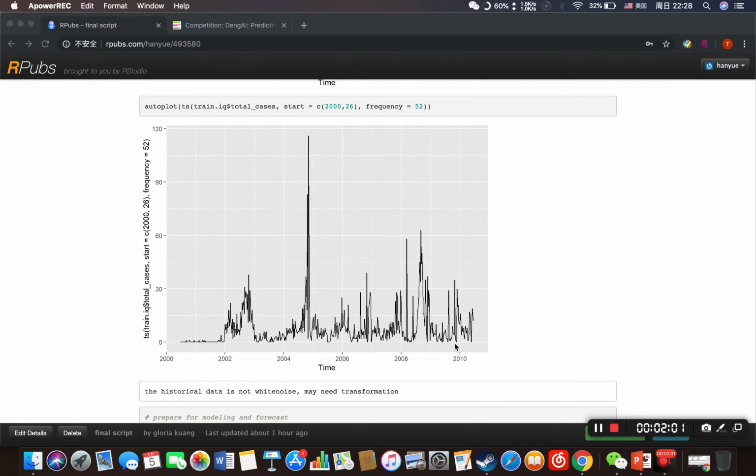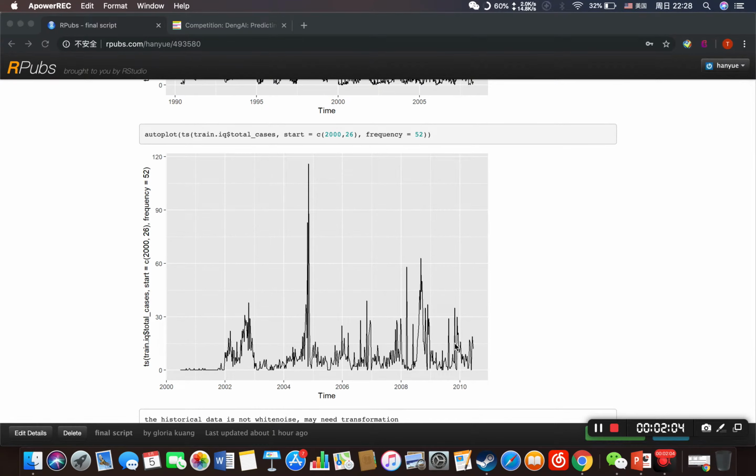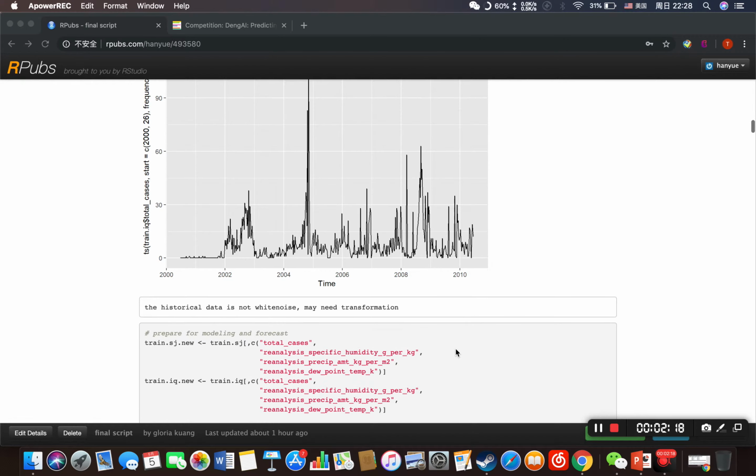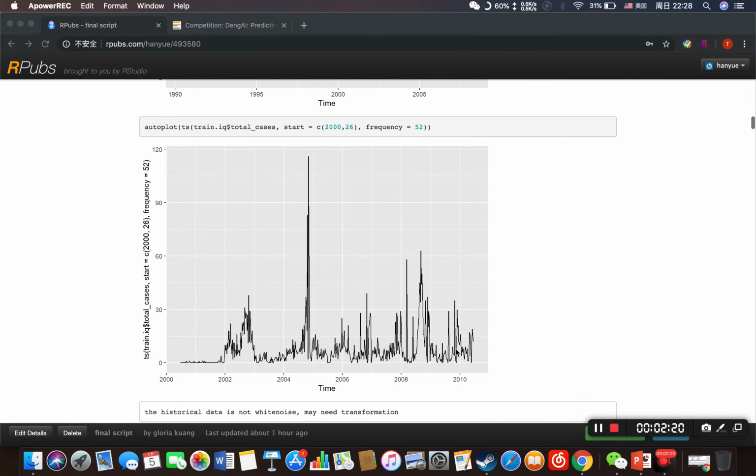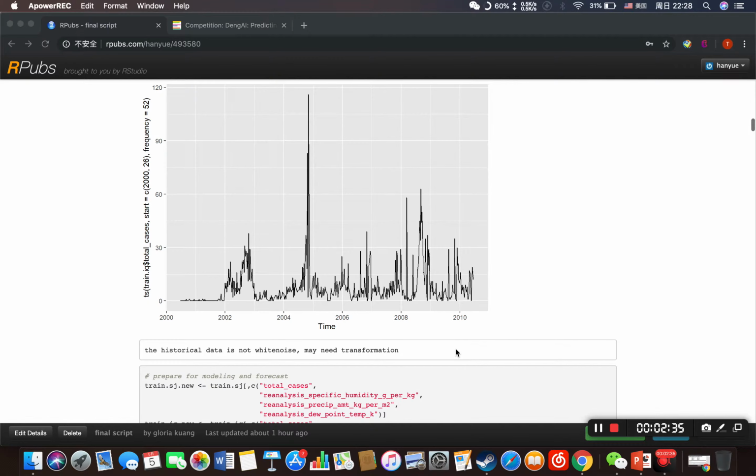About the historical data of Iquitos, there's one significant spike after 2004, and after 2008 the data is very fluctuating and not stationary. So the data is obviously not normal, and we may need a transformation, maybe log, maybe Box-Cox, or maybe differencing. It will depend on our further analysis.